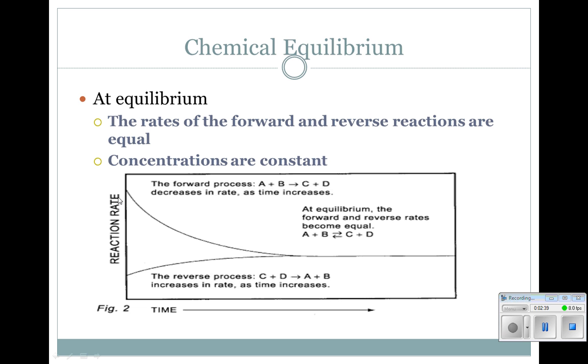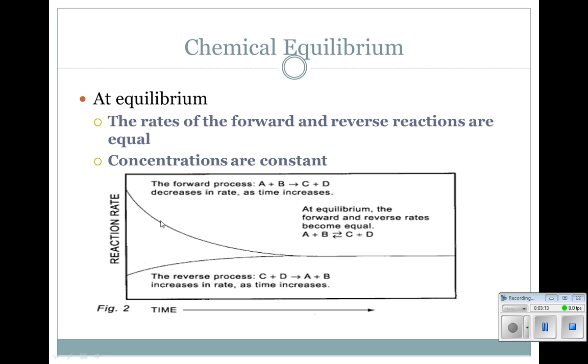We see that the rate of the forward reaction starts off very high because we start off with all reactants, a high concentration. Our reverse reaction actually starts out at 0. There is no reverse because in the beginning we don't start with any product. As A plus B makes C plus D, we're constantly taking away A and B, and therefore less chance of collision means slower rate.